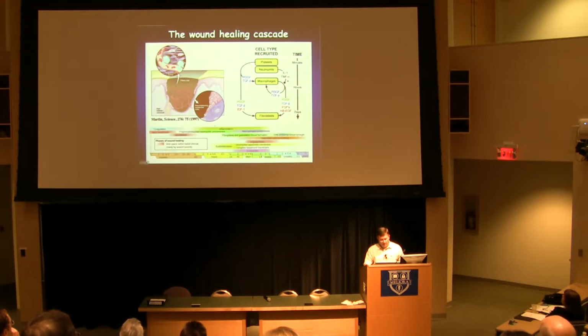And by those processes, the fibroblasts invade the wound space from the adjacent dermal tissue over a period of several days. And this makes up what we refer to as the proliferative phase of wound repair.